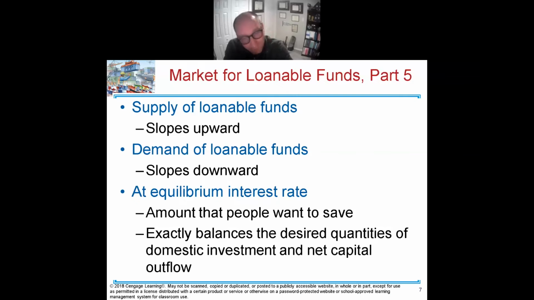Supply and demand curve, same as it normally is, even for loanable funds. The point of equilibrium is going to be the interest rate. Where supply and demand for loanable funds meet, that's going to be the interest rate: the amount that people want to save and the amount that they want to invest.